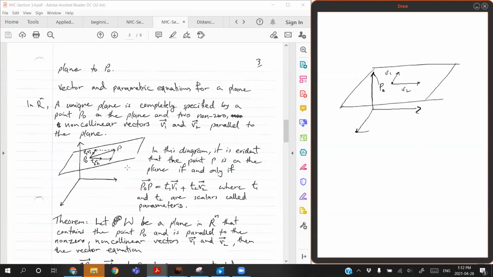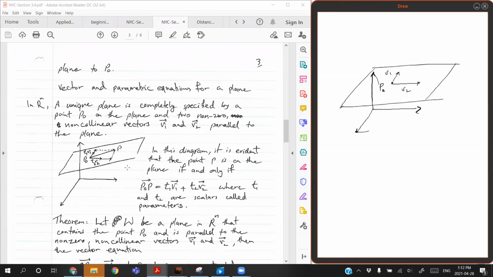You need two vectors, and these two vectors should be non-collinear. That means they should not be parallel to each other, and they have to be non-zero vectors so that they determine a direction.